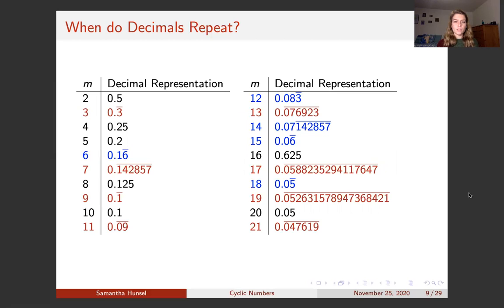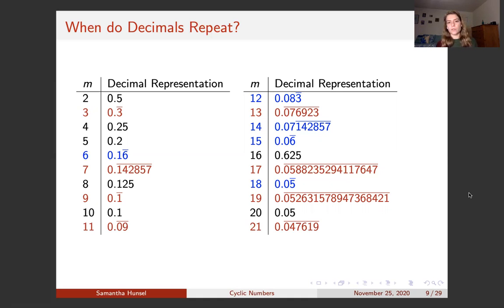We see that 9 and 21 are not prime and they are purely repeating. But we can also then look at the blue ones, which are just repeating decimals, and they have an additional factor in addition to 2 or 5. So like 6 is 2 and 3, and we see it ends in 1 and repeats 6.